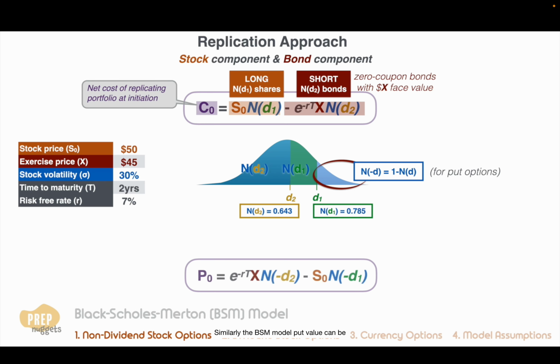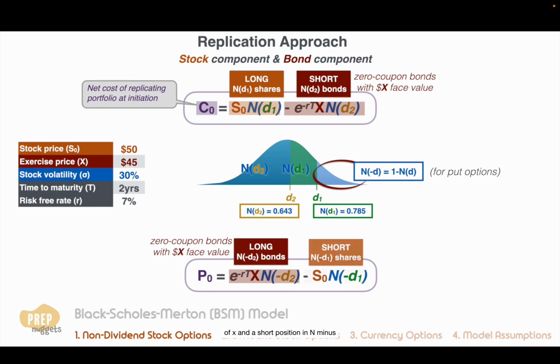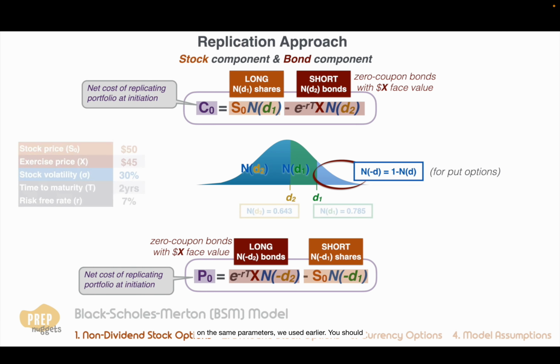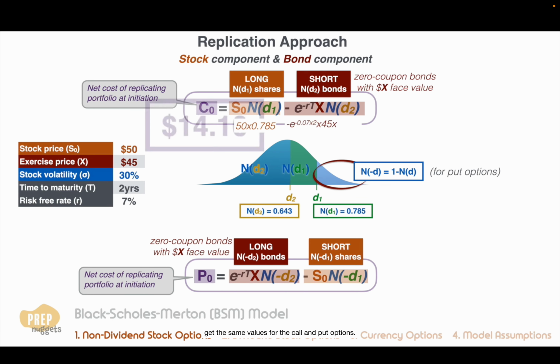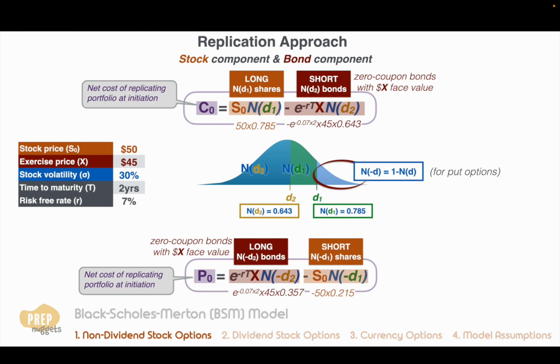Similarly, the BSM model put value can be replicated with a long position in N(-d2) zero coupon bonds with face value of X and a short position in N(-d1) shares. The net cost for replicating the portfolio at initiation is equal to the value of the put option. If you work out the cost of the replicating portfolios based on the same parameters we used earlier, you should get the same values for the call and put options.